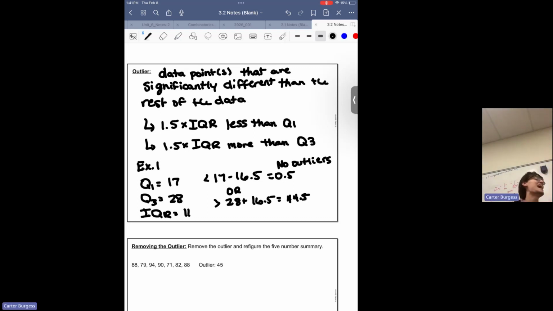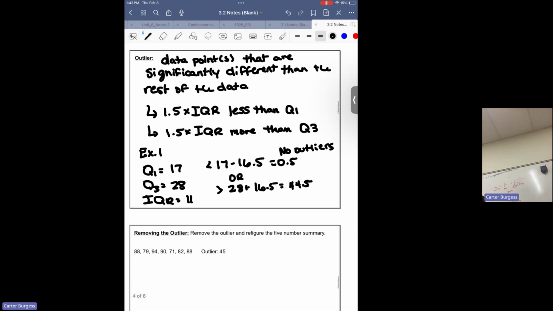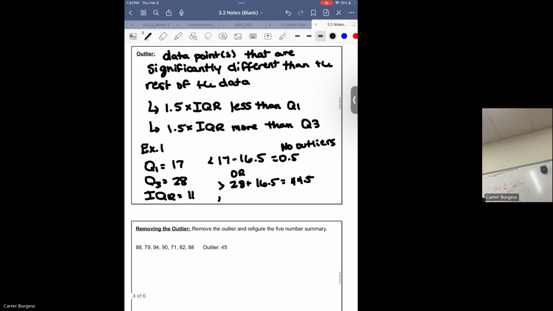All right, we can run the exact same calculation for example 2. What was our Q1 for example 2? 75. What was our Q3? Q3 was 89, and our IQR was 14.